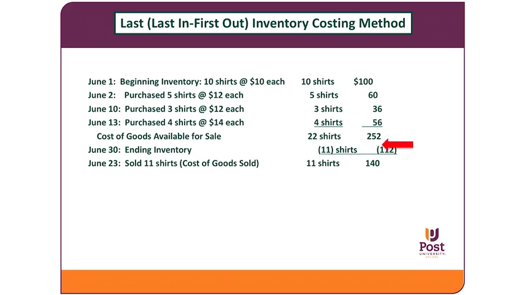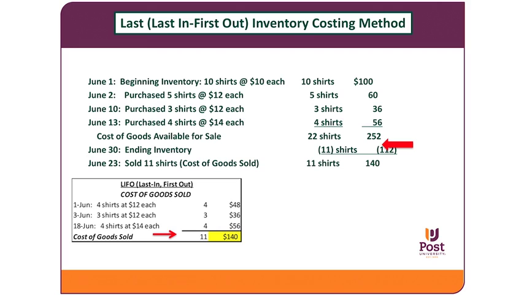Available for sale is the same regardless of what inventory costing method we use. You sold 11 shirts. 4 of those 11 are from the last 4 you bought for $14 each. 3 of them are from the June 10th purchase at $12 each. The remaining 4 are from the June 2nd purchase at $12 each.